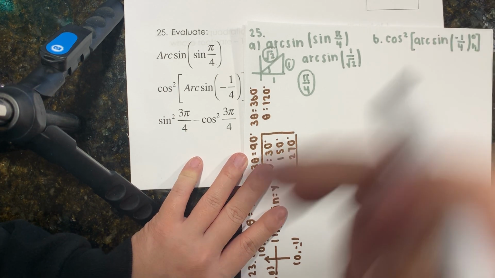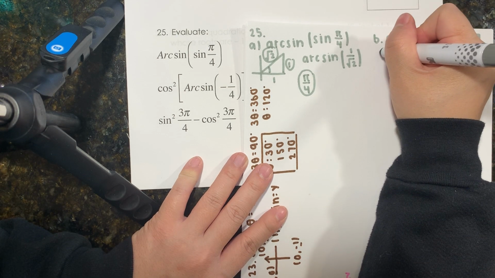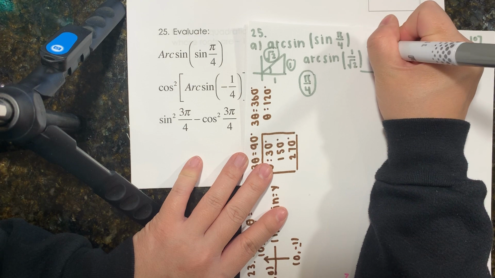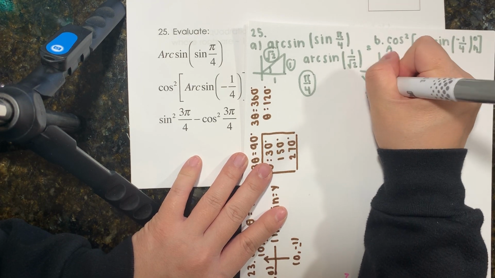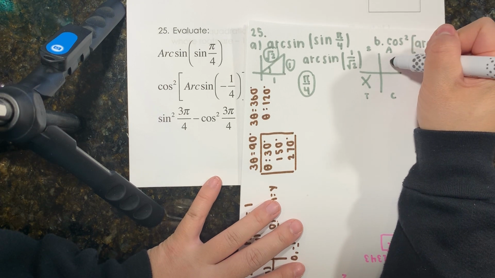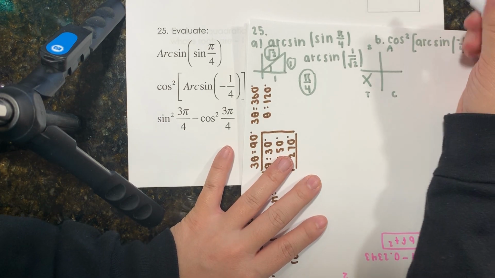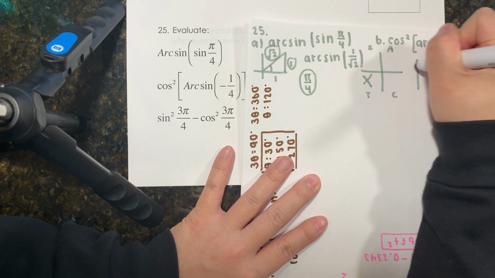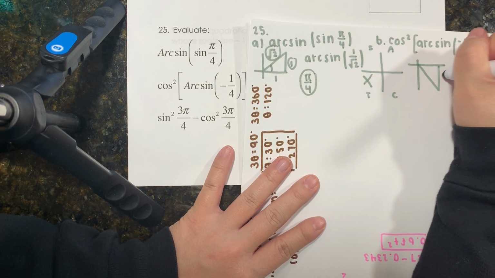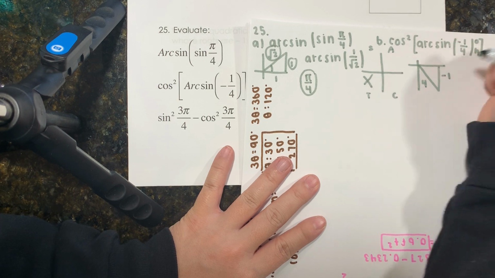Sine is opposite over hypotenuse. Sine is positive in quadrants 1 and 2, which means the only place where it's negative, for arc sine, would be quadrant 4. So I'm going to draw a triangle in quadrant 4, label my sides opposite, -1, hypotenuse of 4.